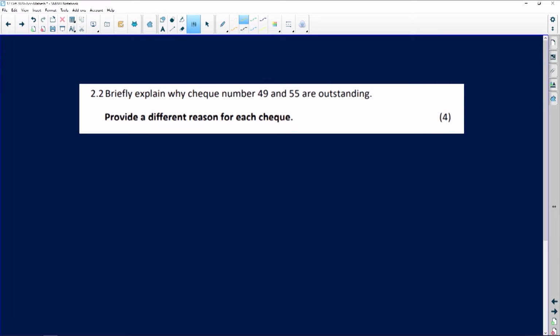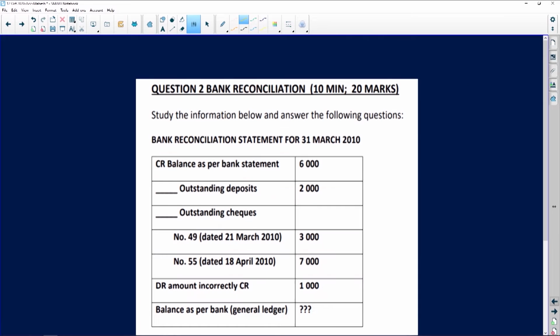Briefly explain why check number 49 and 55 are outstanding. Provide a reason, or rather a different reason for each check. Okay, so if we go to the checks itself, we've obviously got check number 49, dated 21st of March 2010. We are now the 31st of March 2010, and this check was issued for 3,000 Rand.